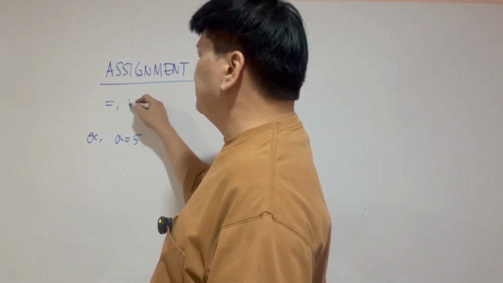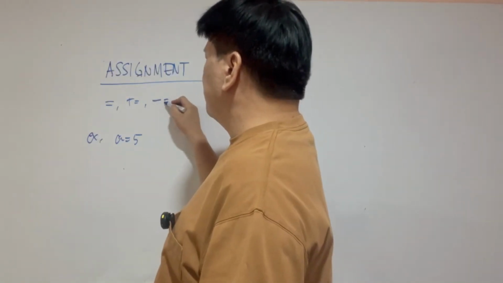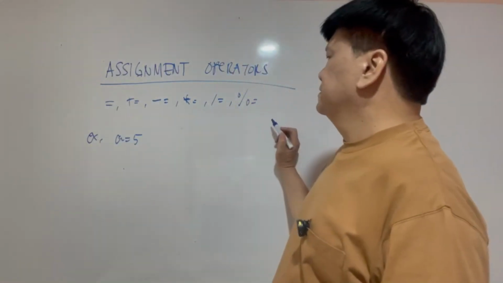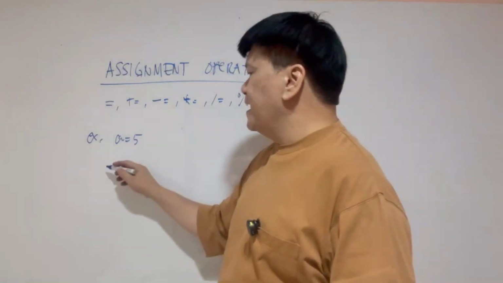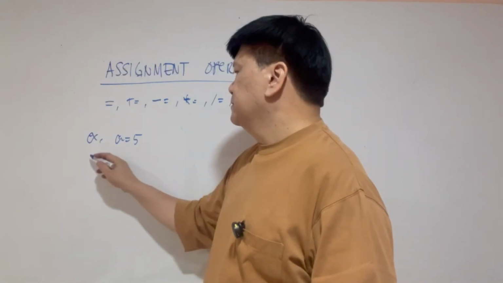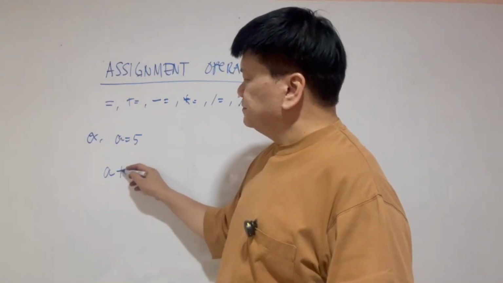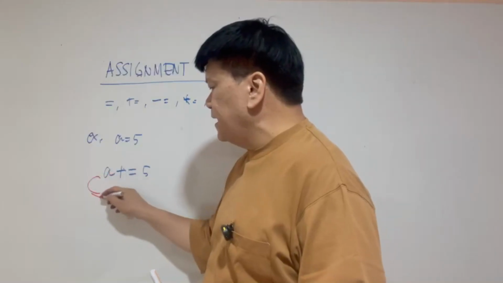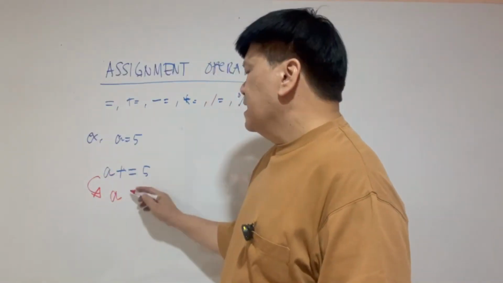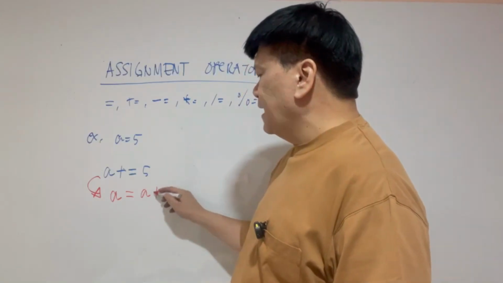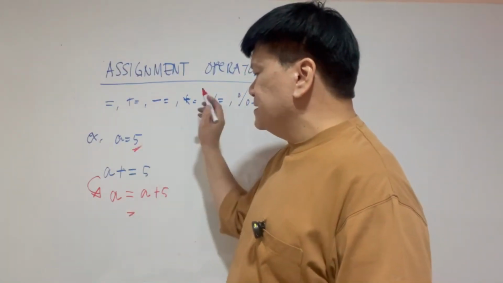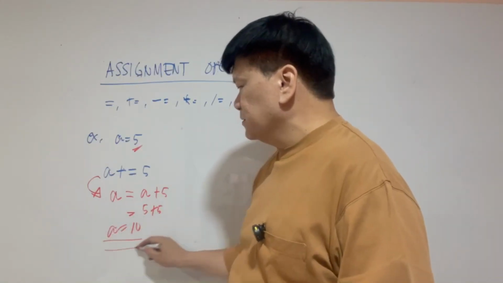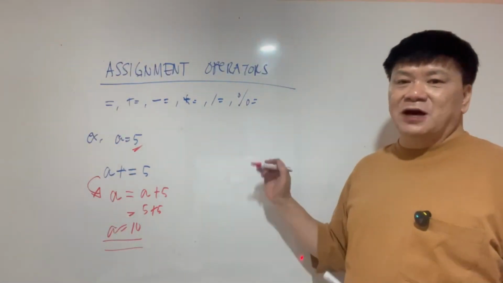Then you have addition, subtraction, multiplication, division, and modulus. So let's say, another example, A plus equal to 5. This is the same as writing A is equal to A plus 5. If the value of A is 5, so 5 plus 5, that will give you A is equal to 10. Assignment operators.